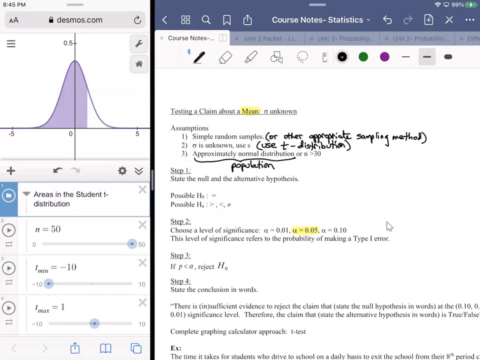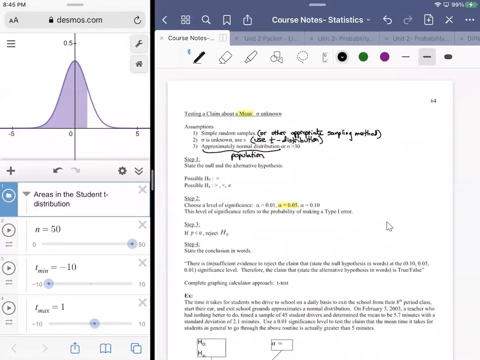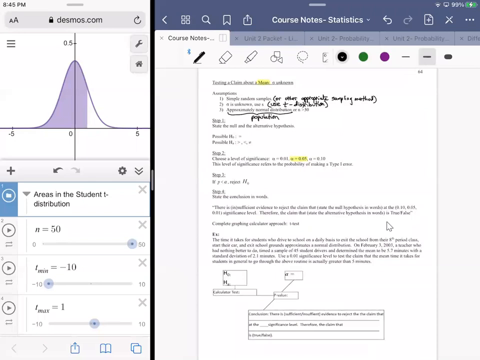All right. The third step is the p is less than alpha. So we'll deal with that when it comes up. And then we write an appropriate conclusion. And the best way that I've experienced to handle this part of it, that allows the logic to be sound, is by following a template.